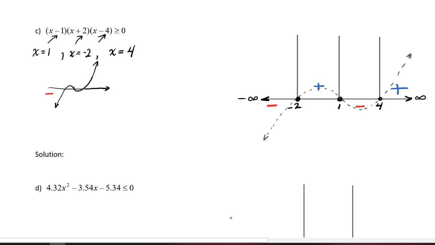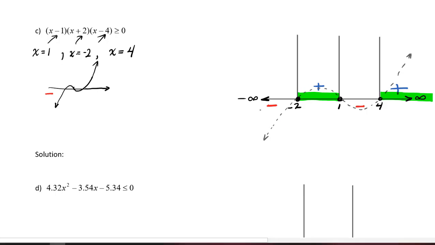Again, a quick sketch of this will look something like this. I need to find where my polynomial will be greater than or equal to 0. I'll highlight it with a green highlighter. This is wherever the function is above the x-axis. This will occur on the interval from -2 to 1 and on the interval from 4 to infinity.